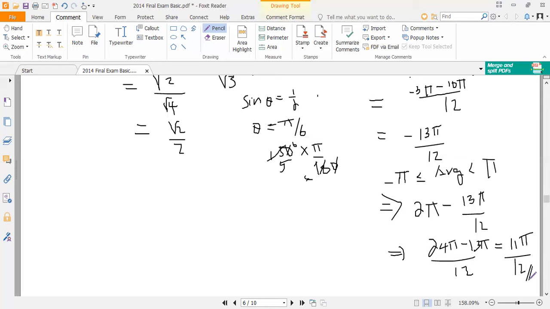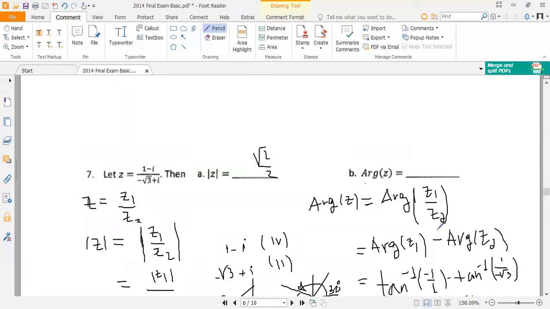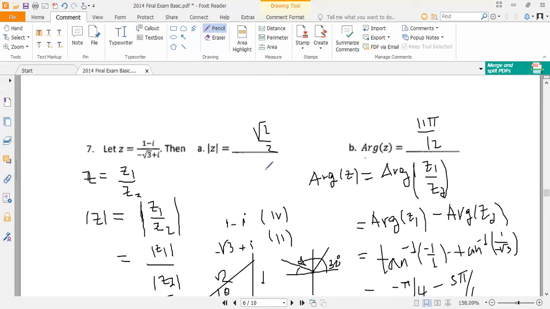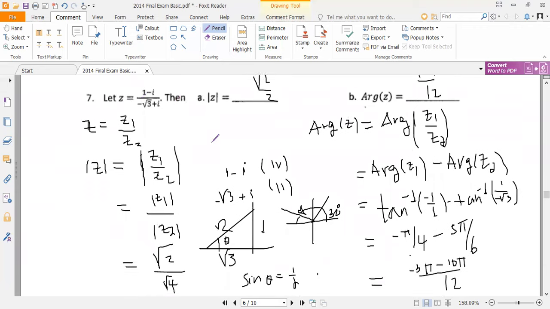So this is the exact solution. So the argument is 11 pi over 12. 11 pi over 12 is the argument of this complex number.